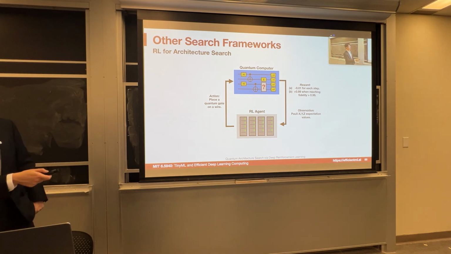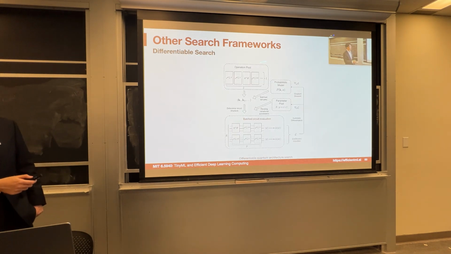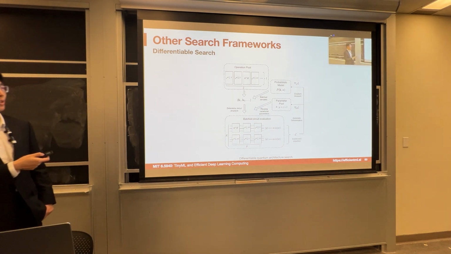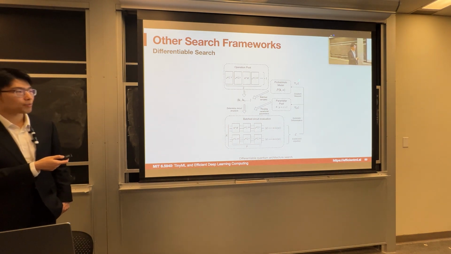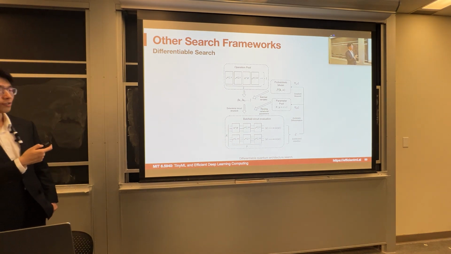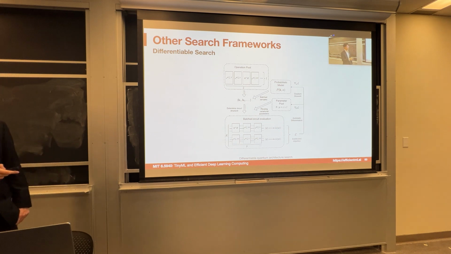And of course, we can also use some differentiable search method where we can compute the gradients from the search structure and then use a gradient-based method to update the structure.